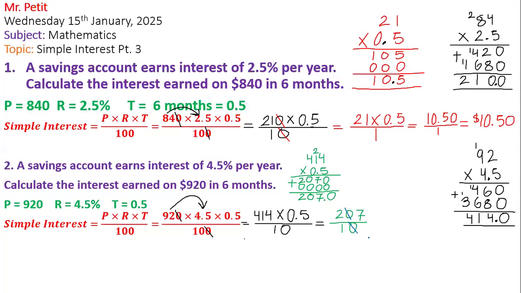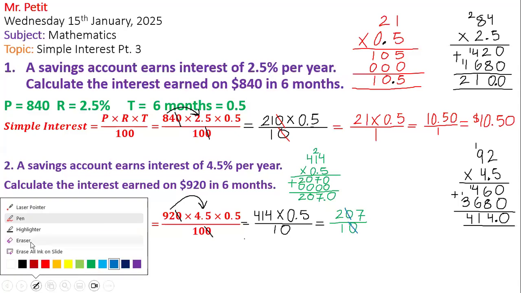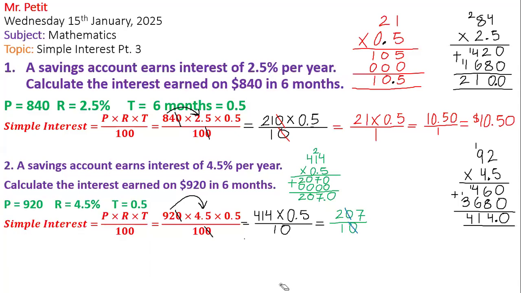The reason you can't cancel it is because it's not at the back. If it was at the back, you could cancel, but you can't cancel if it's in the middle.